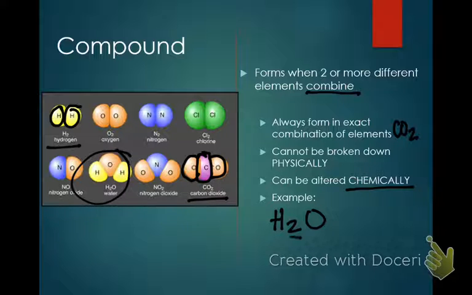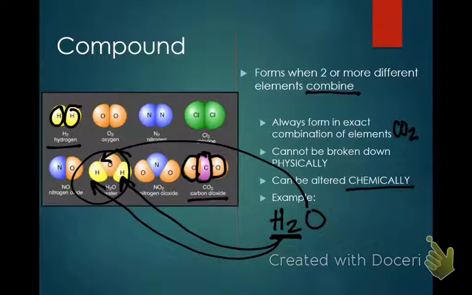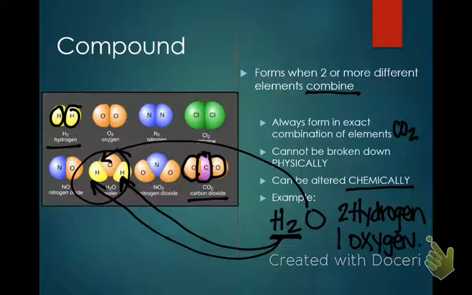This is showing you that there are 2 H's, and since there's no number after the oxygen, there's only 1 oxygen. So H2O has 2 hydrogen and 1 oxygen. So anytime there is a water molecule, any type of water has 2 hydrogens and 1 oxygen to make H2O.